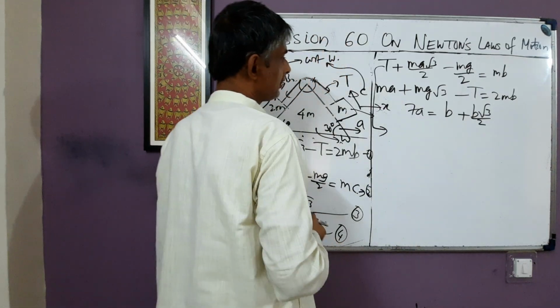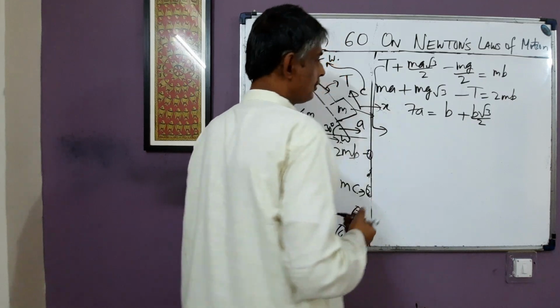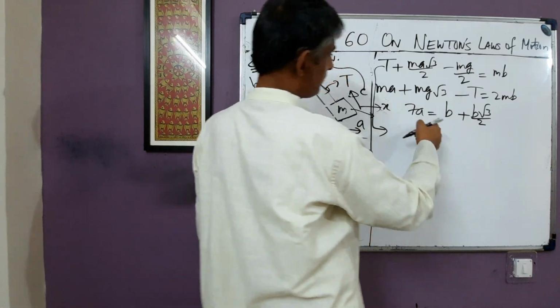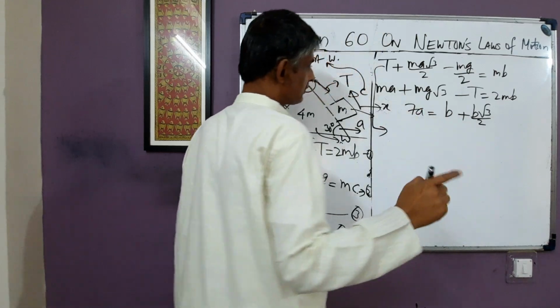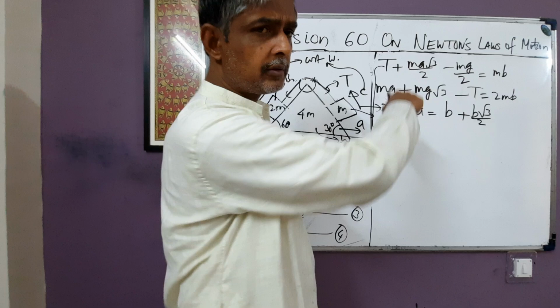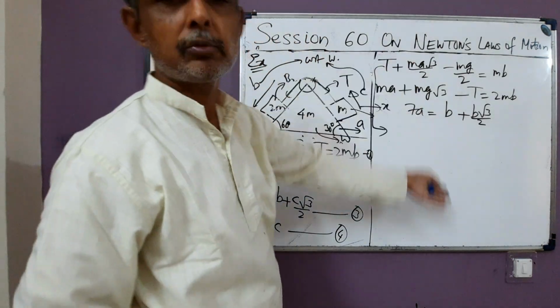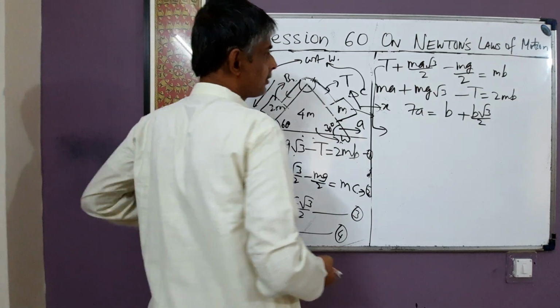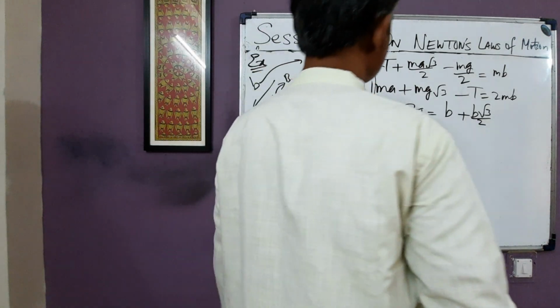So I'll replace this a. I'm just solving it. That's all, just a matter of solving, nothing else. Just the equations have to be solved. T, a and b are 3 unknowns.